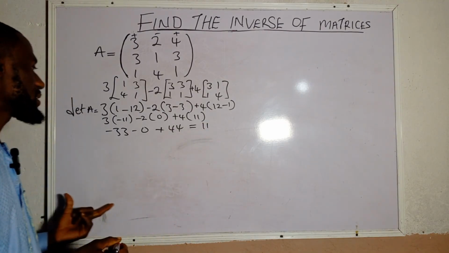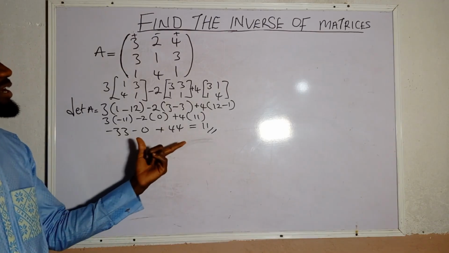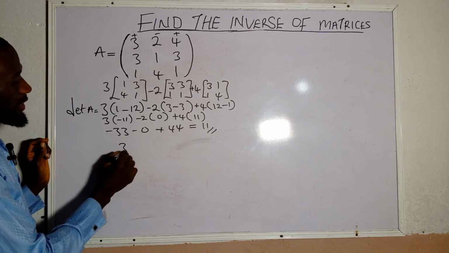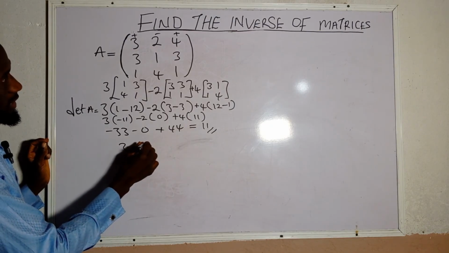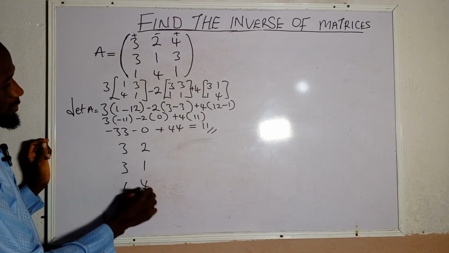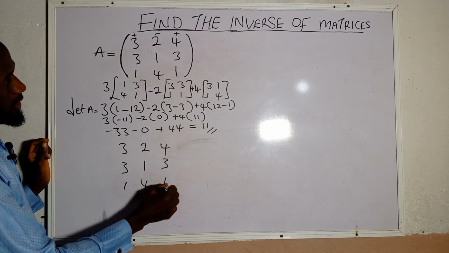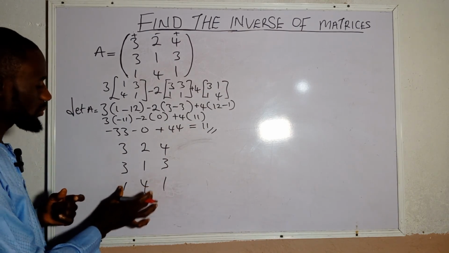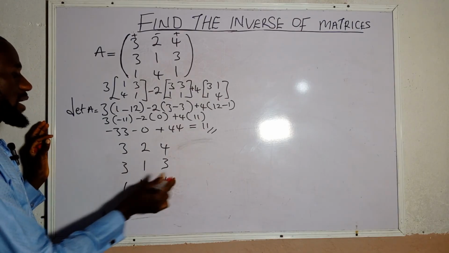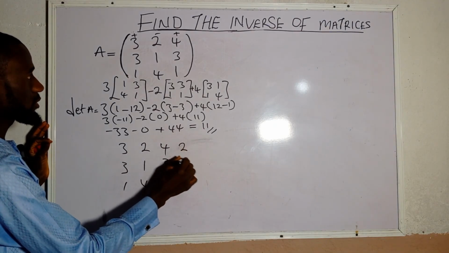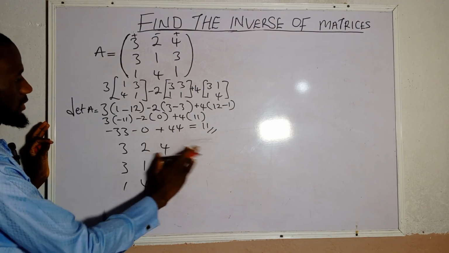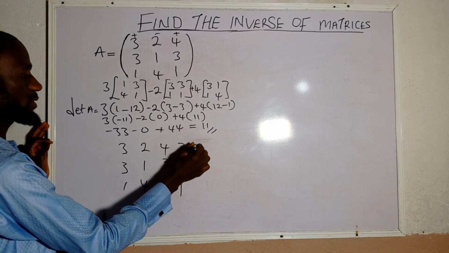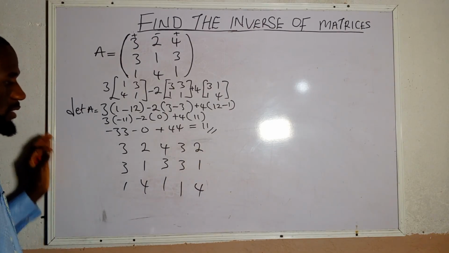After we find our determinant as 11, we can use the matrix again to find the inverse. Let's rewrite the numbers: 3, 3, 1, then 2, 1, 4, 4, 3, 1. We can use the rule of Sarrus, where we add the first two columns here: 2, 3, and 3, 3, 1, then repeat this 1, and 2, 1, 4.